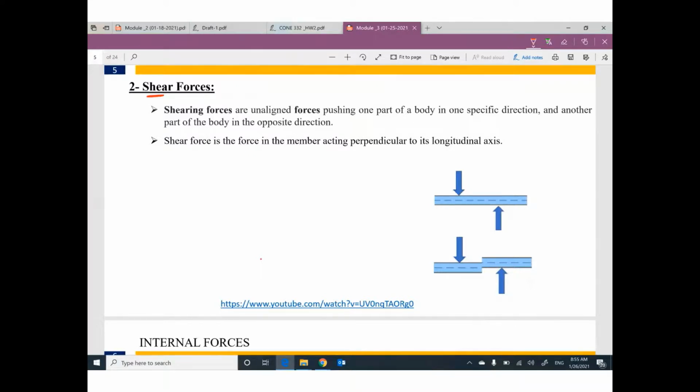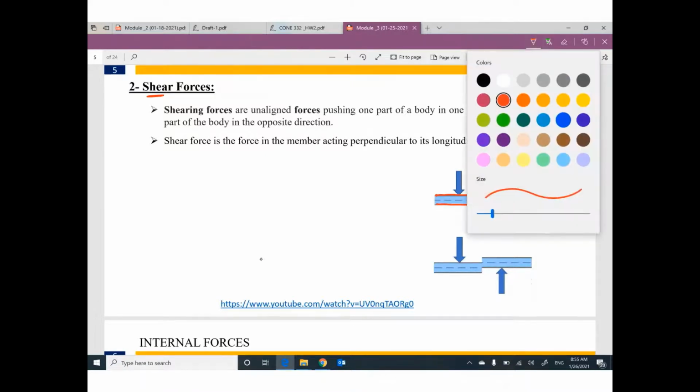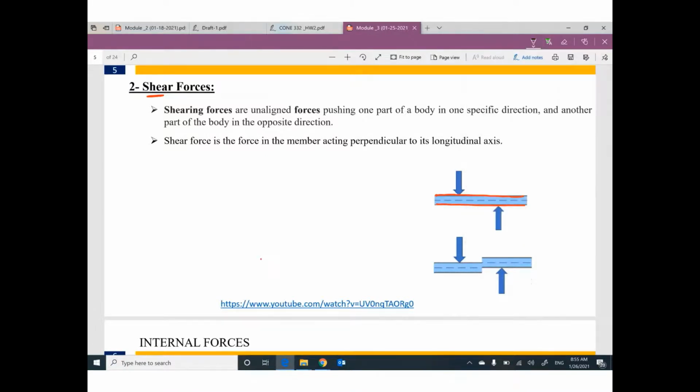Please pay attention. If you have a part of the member, like this part, and we have two opposite forces, one coming down and the other one going up.